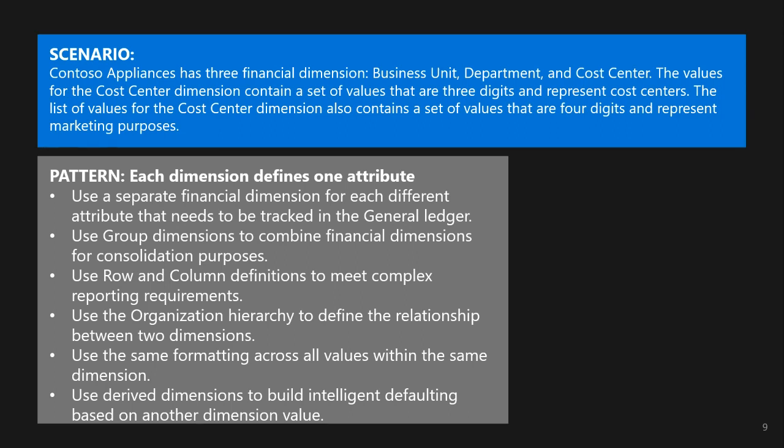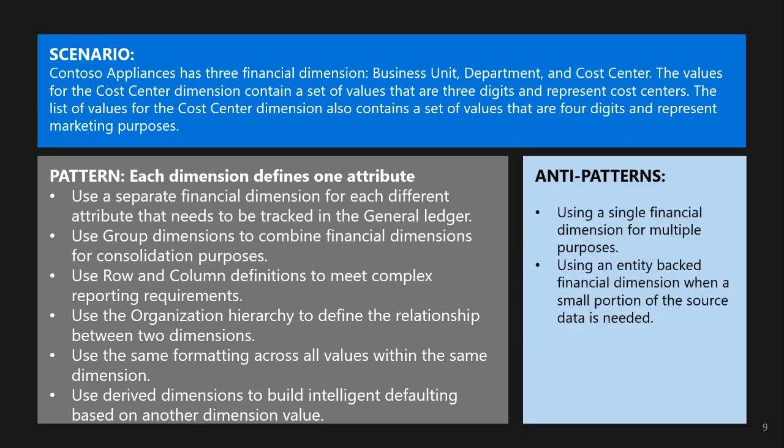So the last one is talking about those derived dimensions to build that intelligent defaulting based on another dimension value. We talked about those derived dimensions in our last scenario, but it gives you another opportunity to be a little bit smarter and build intelligence in there.